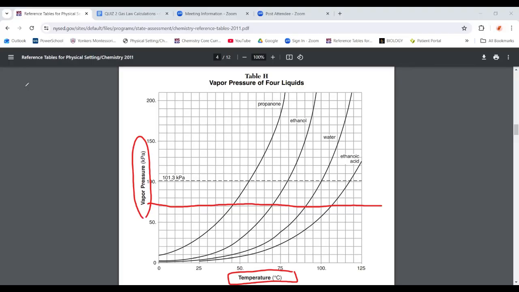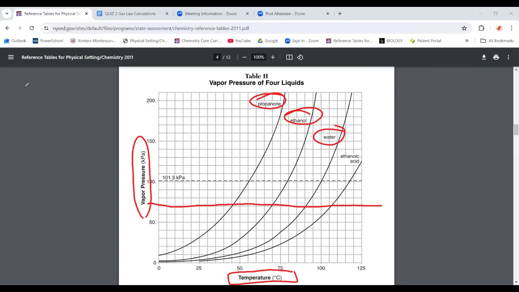If you create a vacuum inside a container, you can lower the pressure in the container and force something to boil at a lower temperature. So that is something you can do in laboratory conditions. So this is some of the ways that we manipulate the properties of matter by changing the conditions that they're in.